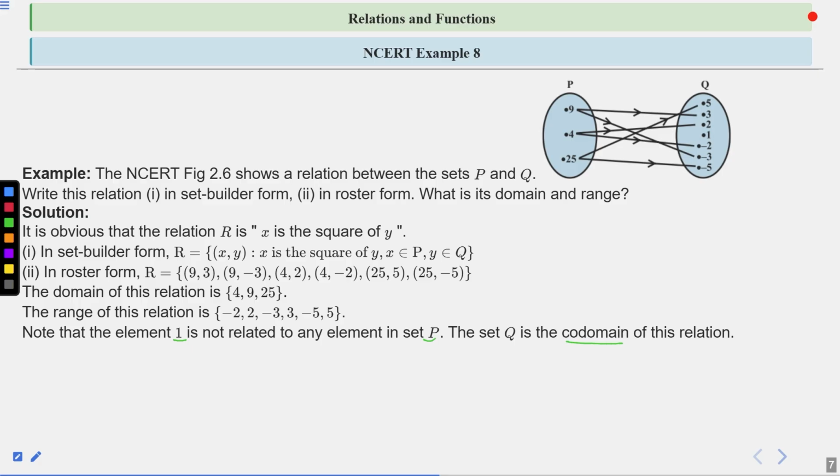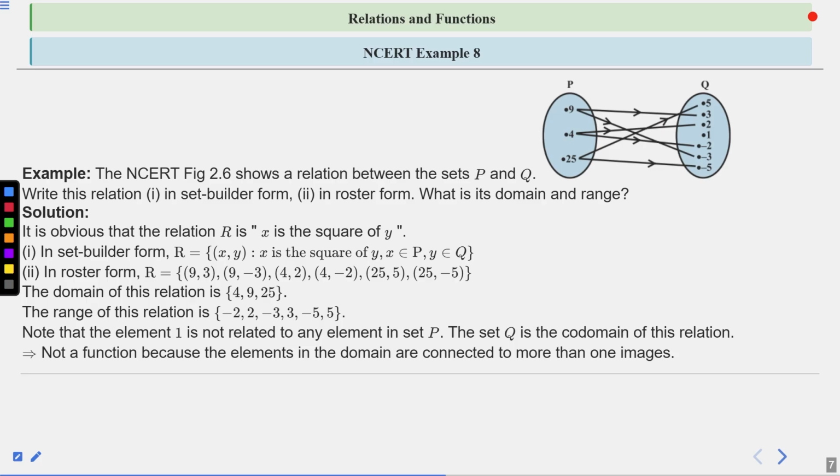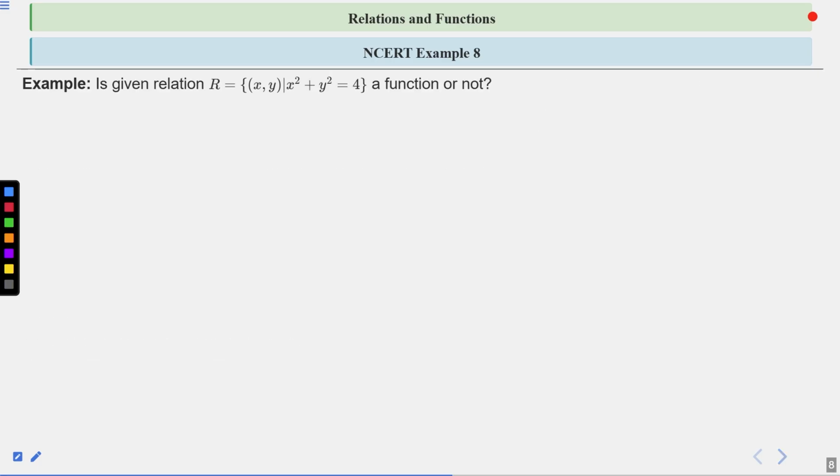Simple. So not a function, because some of the domain elements are connected to more than one image, as I have said. Is it clear?